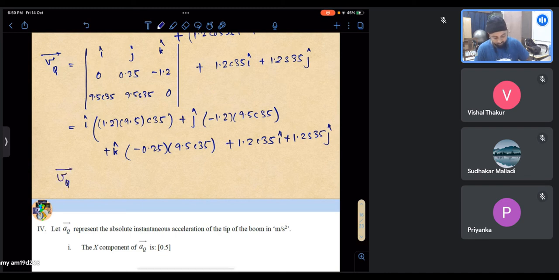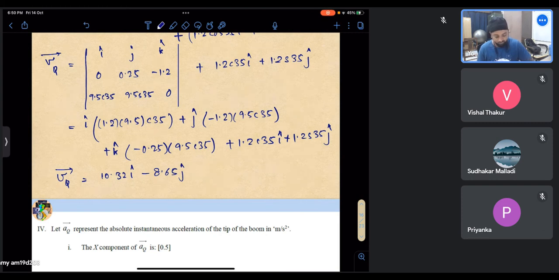So my velocity of Q I can calculate. Grouping all the I terms, I can take them together. 9.5 cos 35 plus 1.2 into cos 35 comes out as 10.32 I, plus 9.5 sin 35 plus 1.2 into sin 35 comes out as minus 8.65 j, and then k cap is minus 0.25 into 9.5 cos 35.